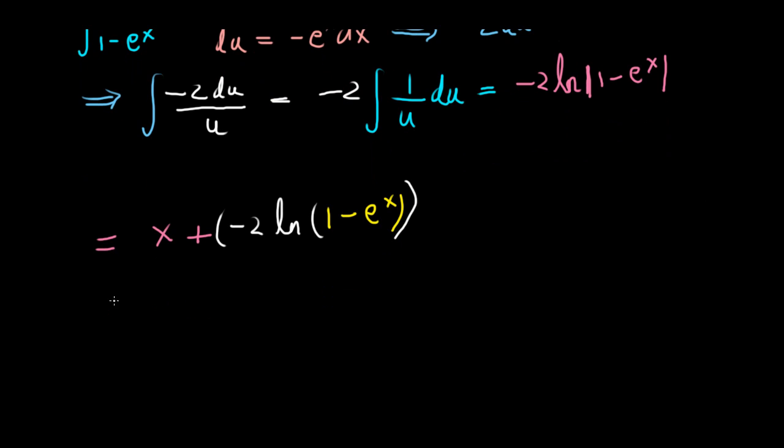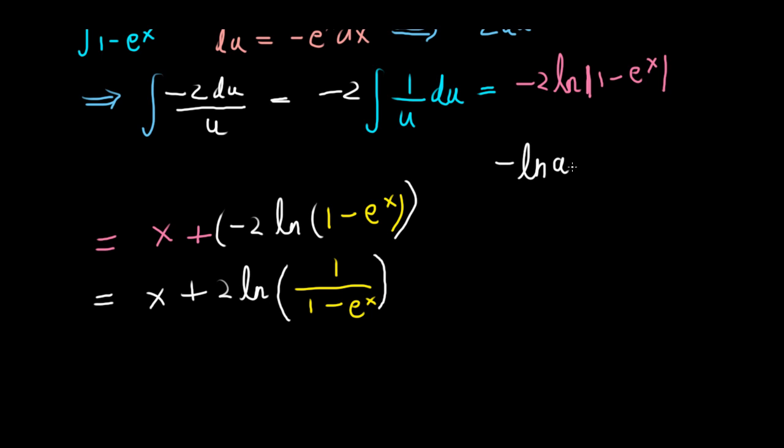So let us simplify this. This becomes x plus 2 natural log of 1 over 1 minus e to the x. That's just the properties of logarithms: negative natural log of a is equal to the natural log of 1 over a.